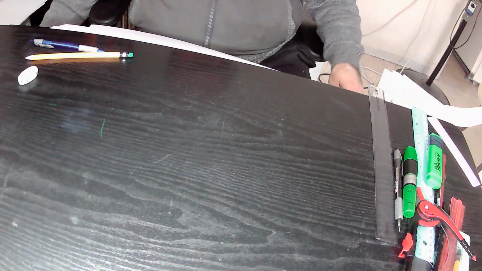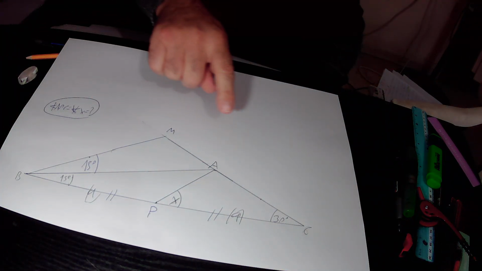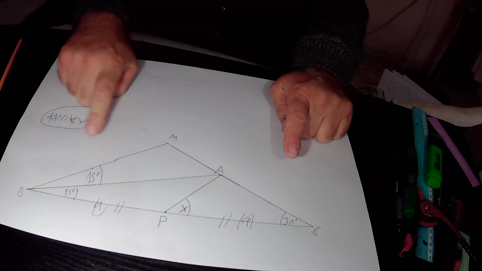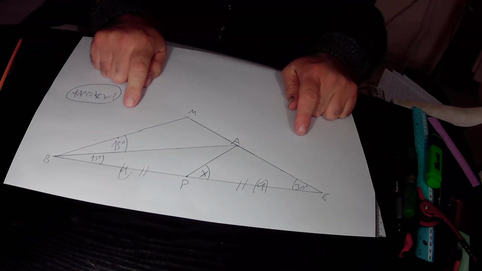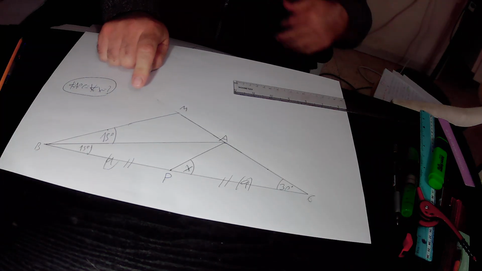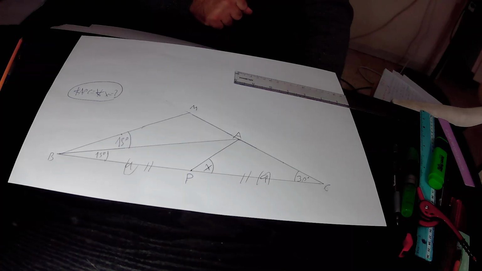So we can actually implement rule 20 in this isosceles triangle BMC. BC is the base of this isosceles triangle BMC. So the perpendicular from point M to the base BC bisects the base BC according to rule 20.